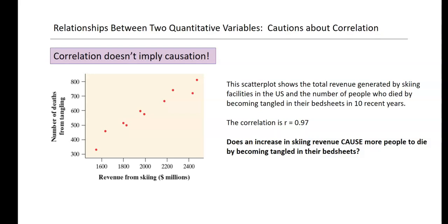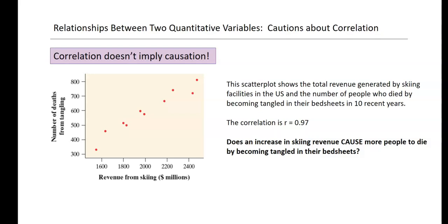I guess that's a way that you can die. I didn't realize this was a thing. So there seems to be a pretty strong positive correlation. So as you make more money from skiing in millions, there are more deaths from tangling in your bed sheets.